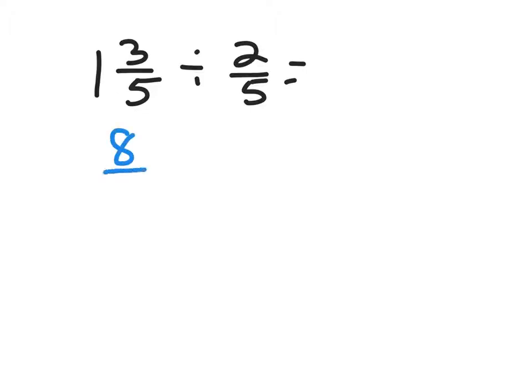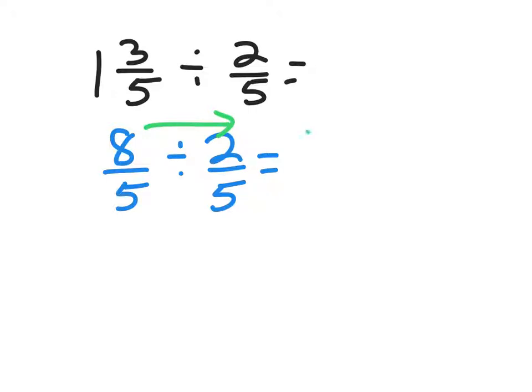So I have 8/5. If I have 8/5, I want to take them 2/5 at a time. I can do that because my denominators are the same. We have the same size pieces. So then I can just divide across, and I will get 4. 5 divided by 5 is 1, and anything over 1 is itself.